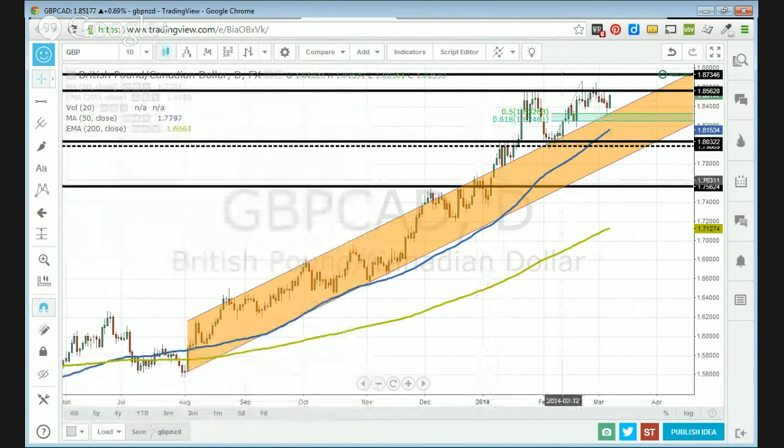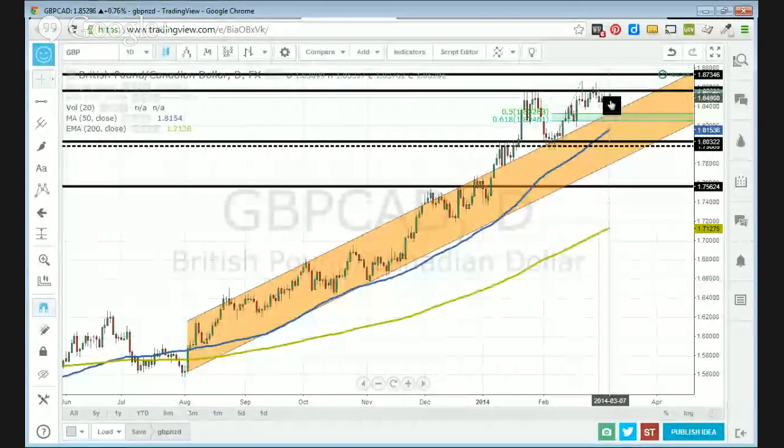We do have the top of a channel and a 61.8 Fibonacci retracement. And this isn't enough of a pullback for me. That's basically what it boils down to. In this type of scenario, I really just want to see more of a pullback, because you could make a case that we're going to run right into resistance here. So we'll see. Maybe it's a mistake.